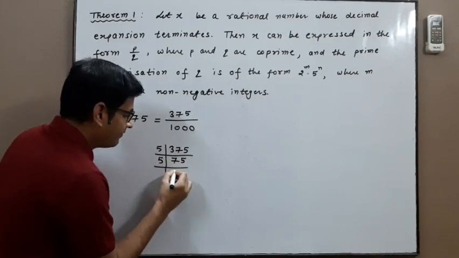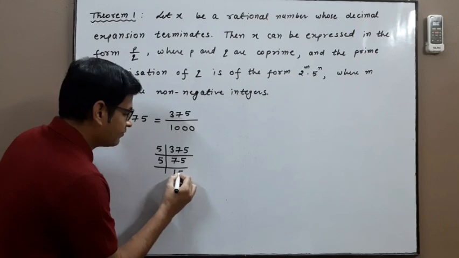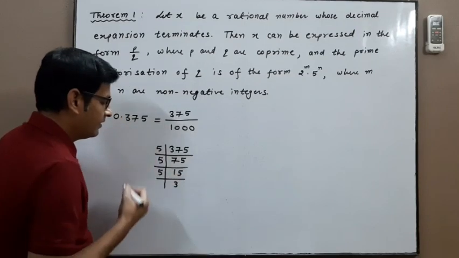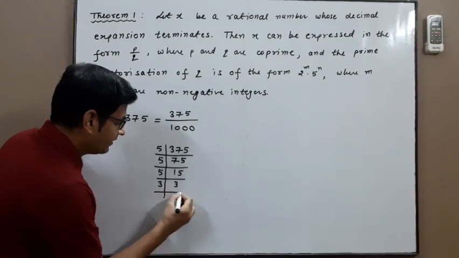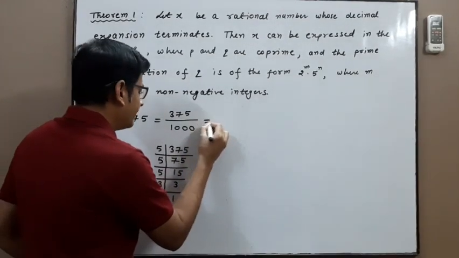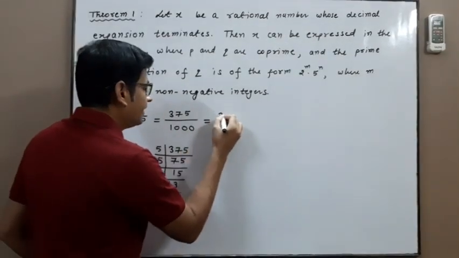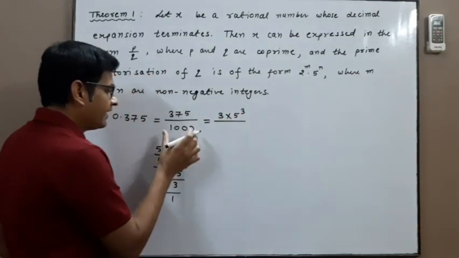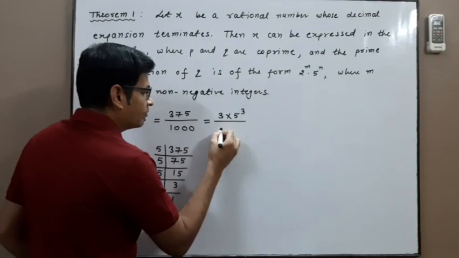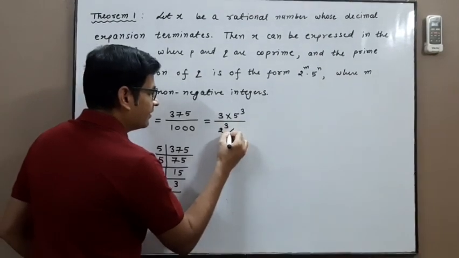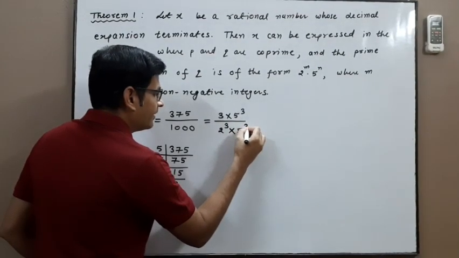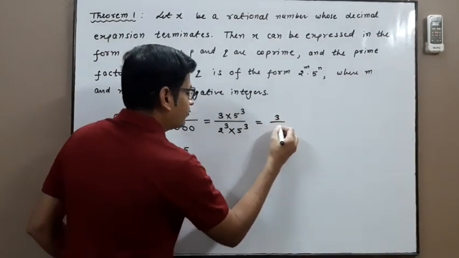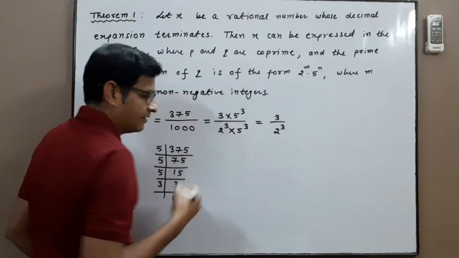Again 5 1s are 5, 5 5s are 25. 5 3s are 15 and 3 1s are 3. So the factors of 375 are 3 into 5 raised to the power 3. Similarly, the factors of 1000 are 2 raised to the power 3 into 5 raised to the power 3. So it is equal to 3 upon 2 raised to the power 3.